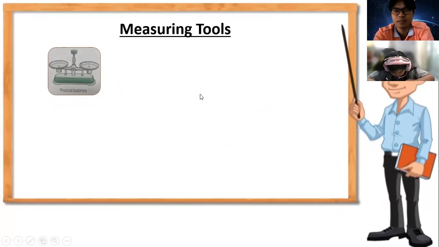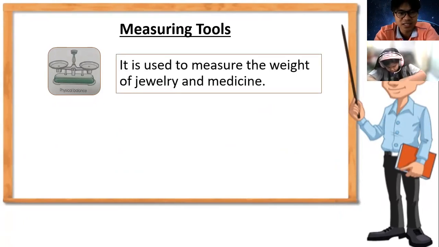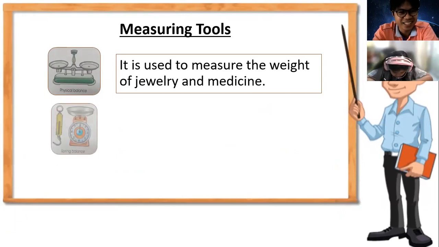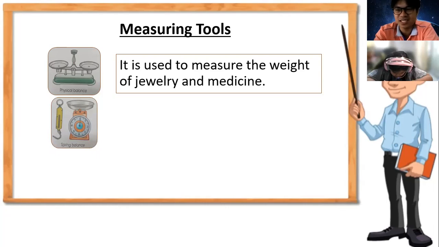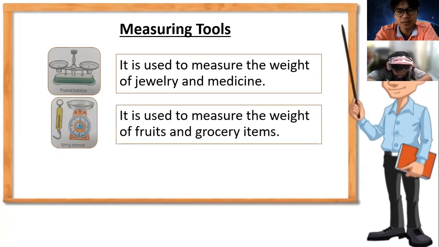Okay. So these are some measuring tools. This is the physical balance. It is used to measure the weight of jewelry and medicine. And another picture here, spring balance. Yes, that's what we said a while ago. I have told you.